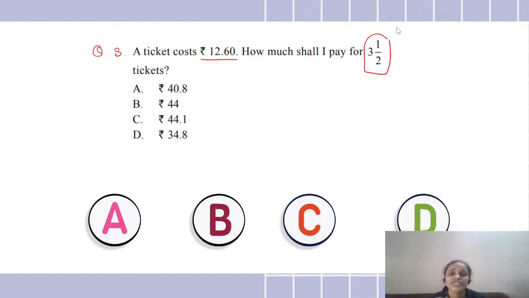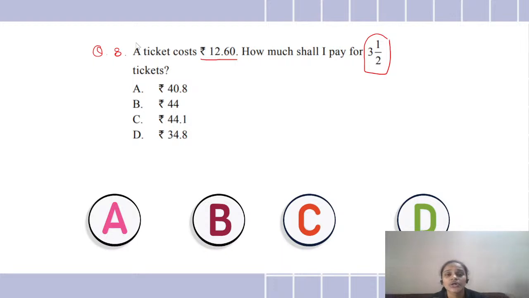Let's answer question number 8, children, now. We are losing on time, so let's not discuss whatever has happened. Let's focus on answering question number 8.